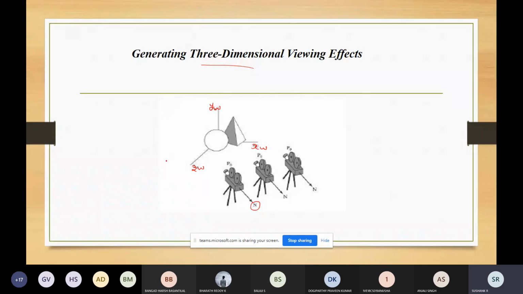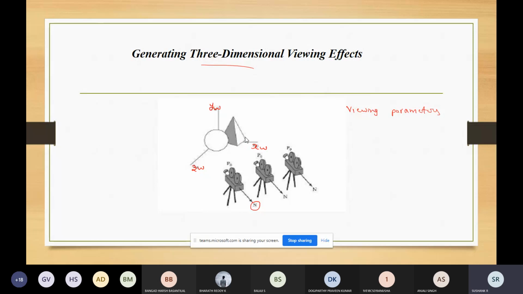The first thing is you can obtain different views of an object in a scene. In this scene, if you take this as an object, you can obtain different views of this object by varying the viewing parameters.